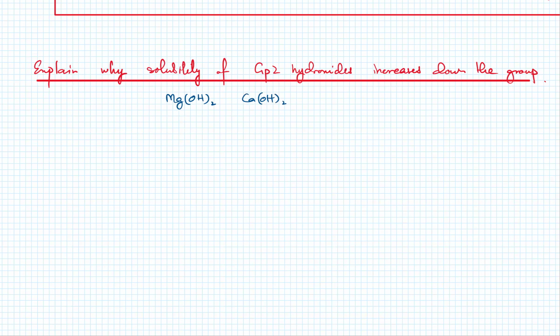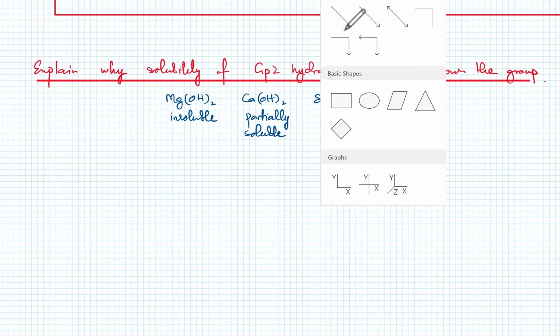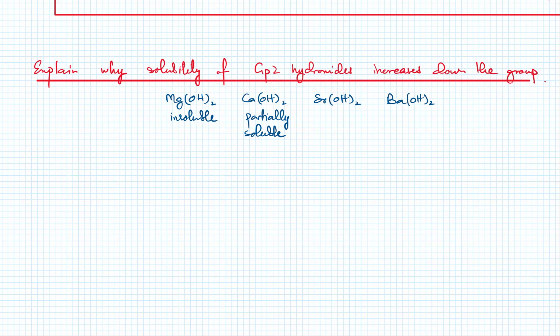So the first one is insoluble, the next one is partially soluble, and then you've got strontium hydroxide, which is more soluble, and barium hydroxide. These two are going to be very soluble.